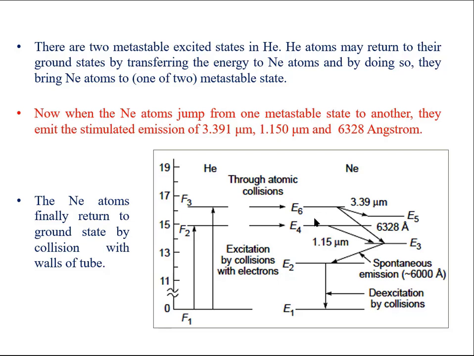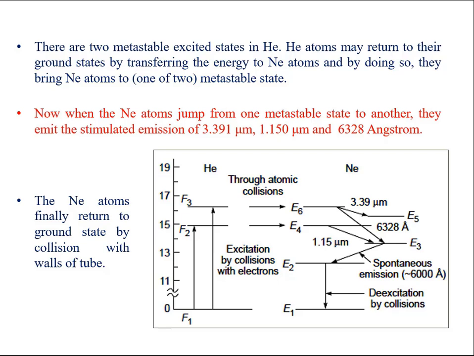Now, when the neon atoms jump from one of these two metastable states to another state, E5 or E3, they emit stimulated emission of 3.391 micrometer, 1.15 micrometer and 632.8 nanometer, among which radiation of 632.8 nanometer lies in the red visible range, and this is the laser output.